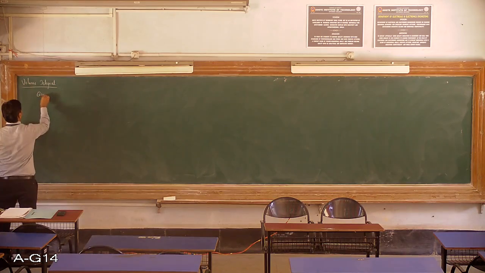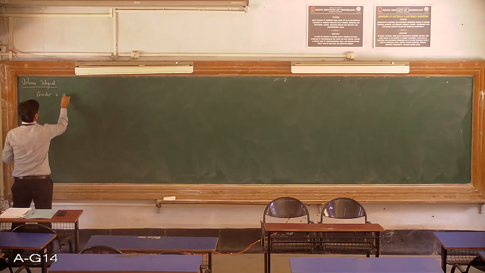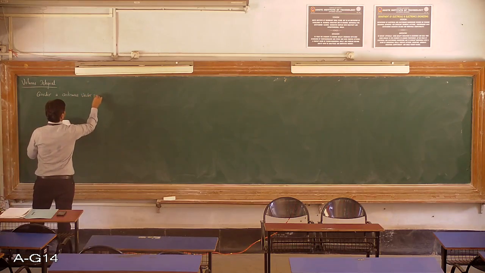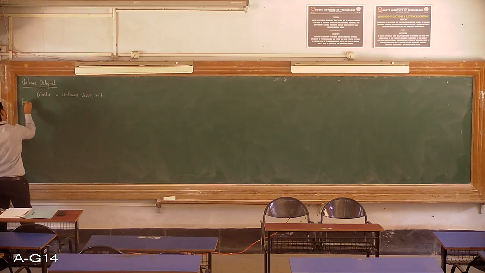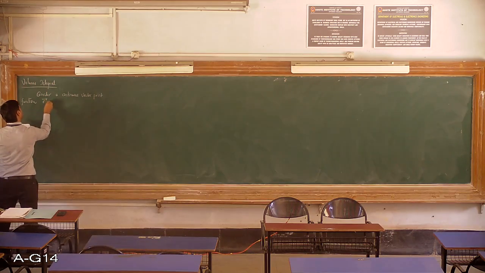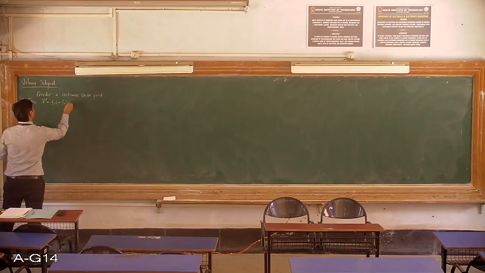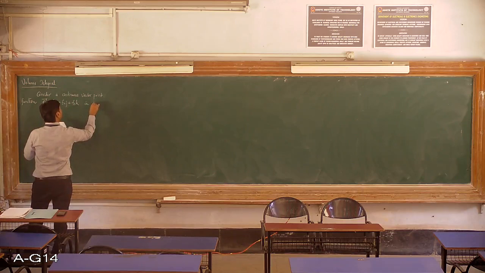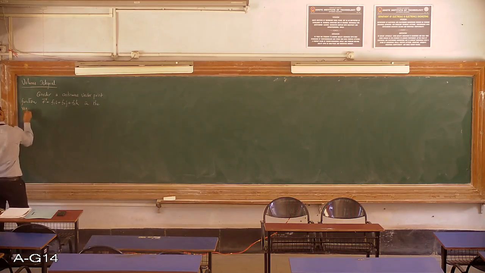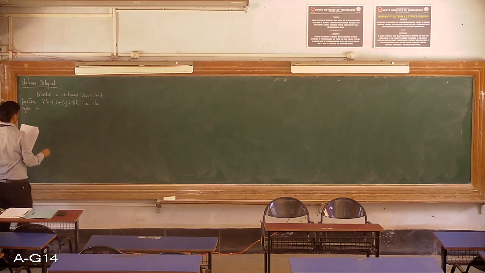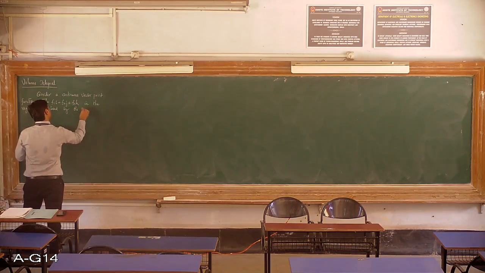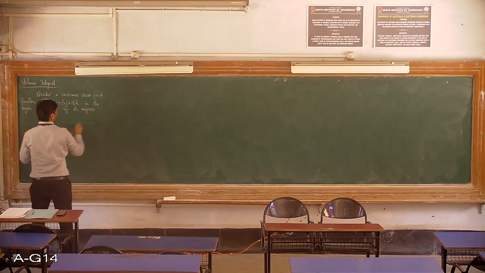Consider a continuous vector point function F is equal to f1 i plus f2 j plus f3 k in the region E, in the region that is capital E, enclosed by the surface.